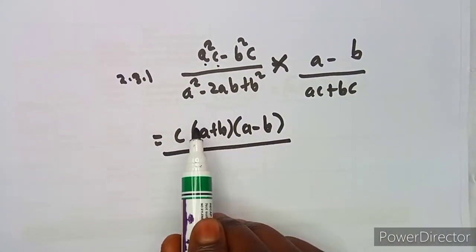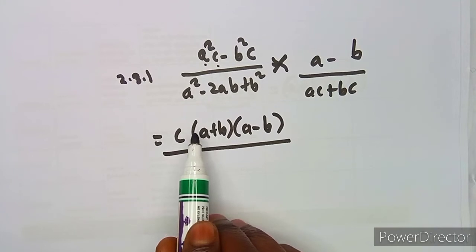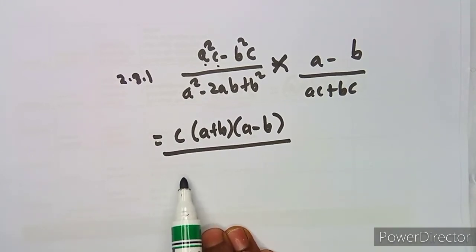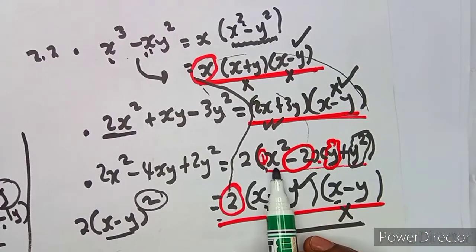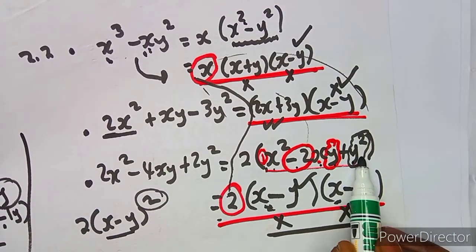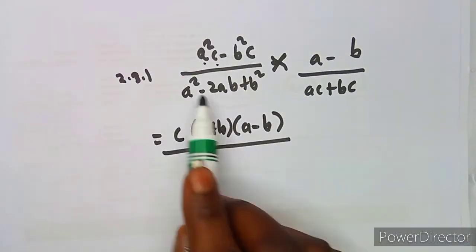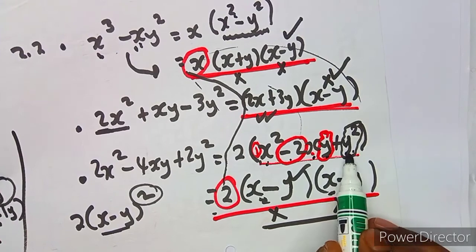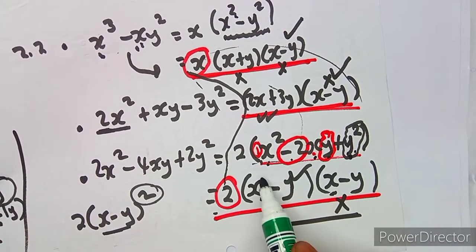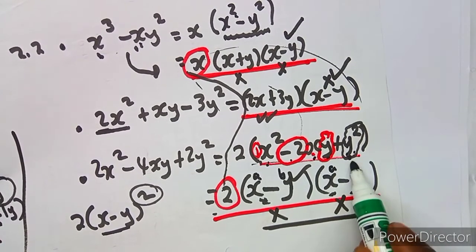If you are to cross check this one that we are factorizing and the one that we just factorized here, it's one and the same. So you see, these guys, they just repeat. X squared minus 2xy plus y squared, but now it's different that they just said a b, a b. So it's a b, b squared. So as you can see, we are going to obtain the same thing. So this is a b, this is a b.